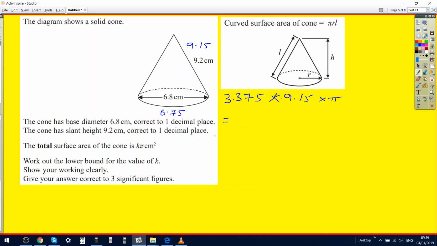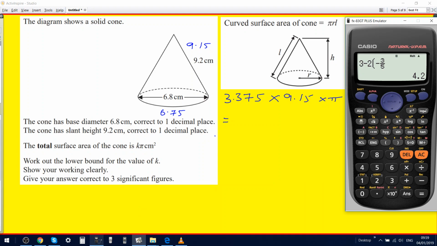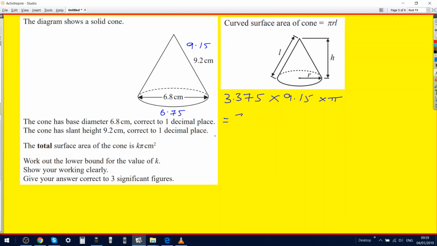So I suppose you could just do these 2 times and see what that is. Or divide it by pi, same thing. Yes, 30.9 pi. So k is 30.9. That's it. Any questions there?